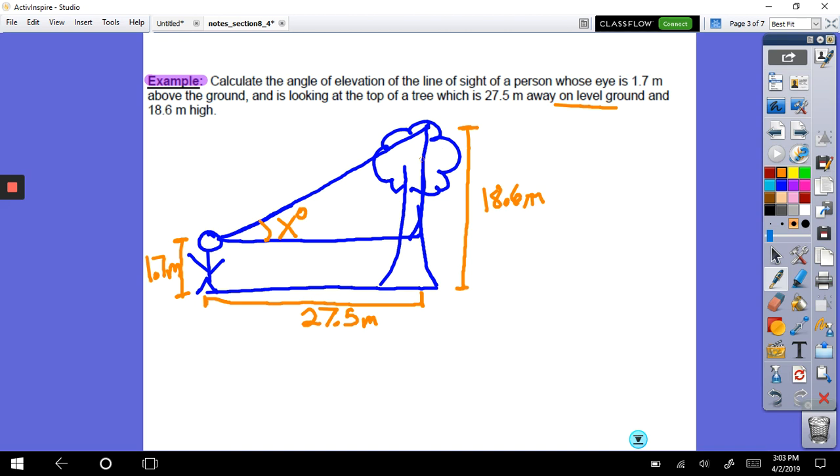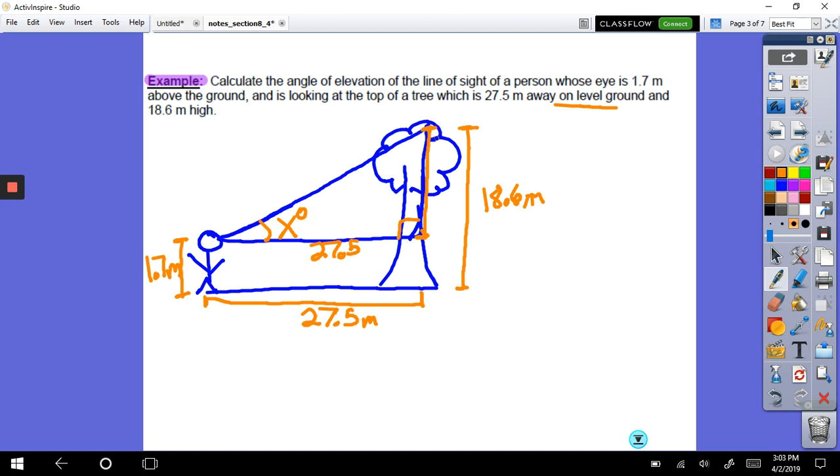Notice, if you recall from yesterday, you're going to have to do inverse sine or inverse cosine or inverse tangent whenever we get to solving for x, the angle as the variable. Well, we're not quite ready because, well, we know this length of the triangle is 27.5. But what is this length right here?